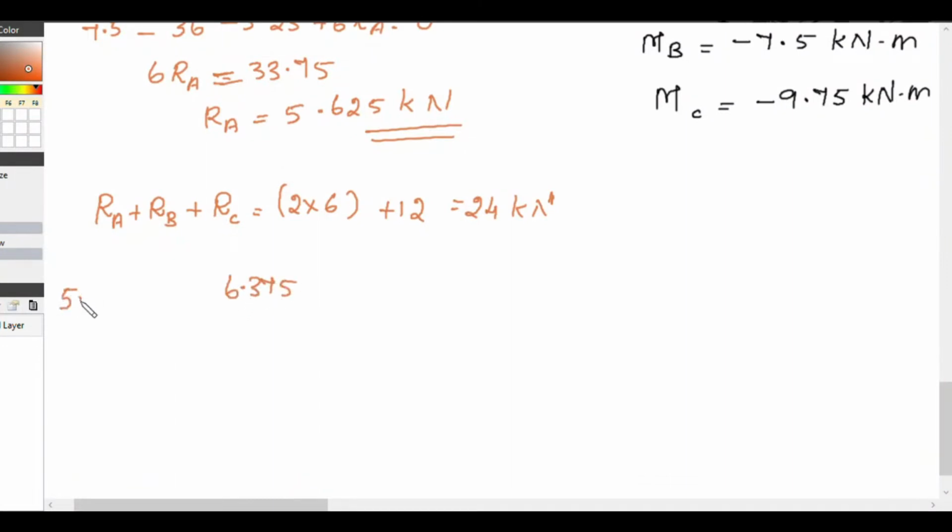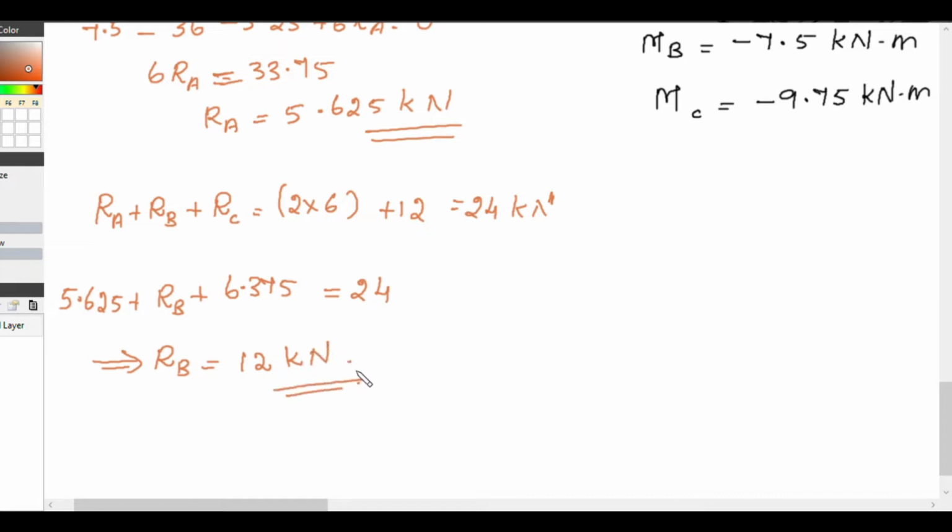RA is 5.625. So plus RB is equal to 24, from which RB is 24 minus 6.375 minus 5.625, we get 12 kilonewton. So RB is 12 kilonewton.